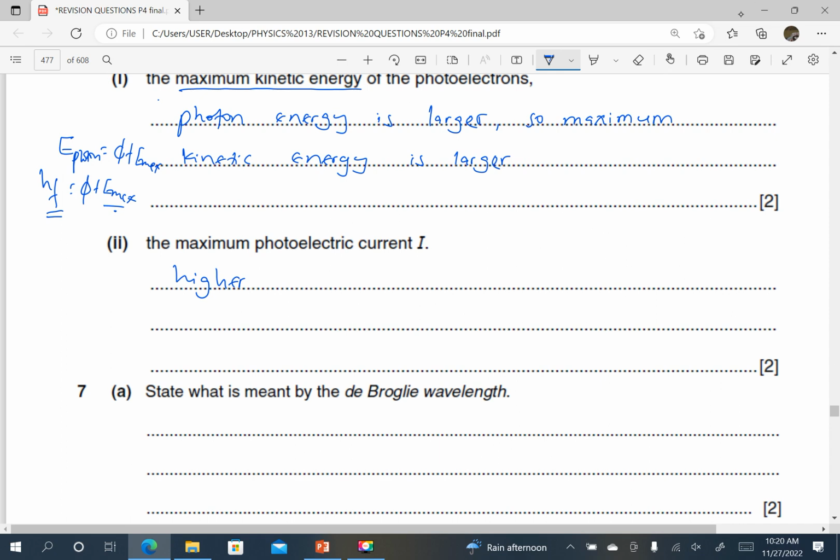That means energy is higher. Higher photon energy means fewer photons per unit time. So maximum photocurrent is smaller.